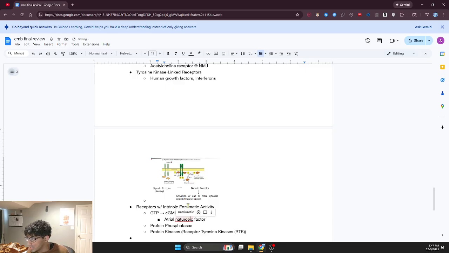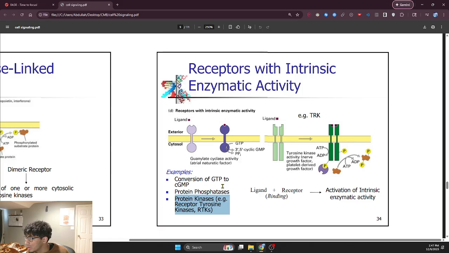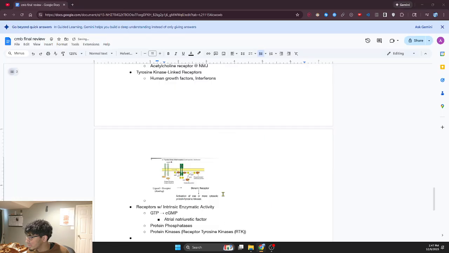Atrial natriuretic factor, tyrosine kinase activity, nerve growth factor.